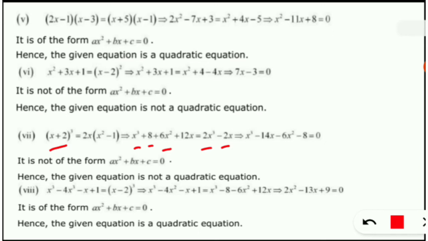So after simplification the result is x³ − 14x − 6x² − 8 = 0.